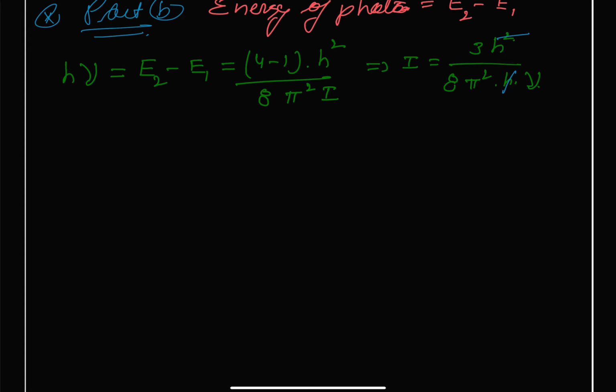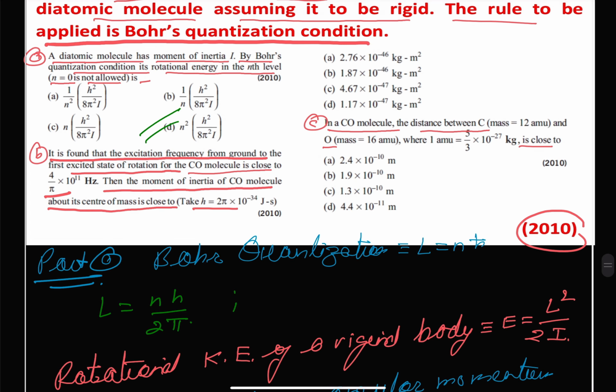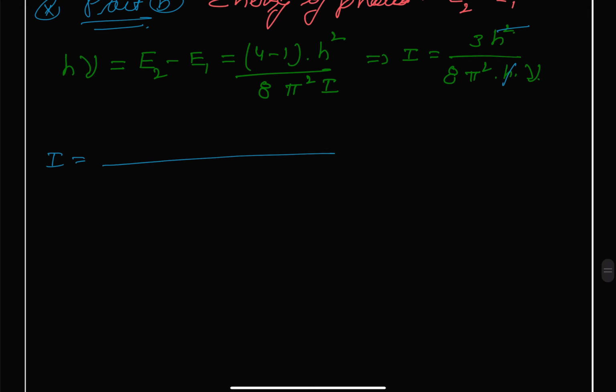We get our value of I is equal to, the value of h is 2 pi into 10 to the power minus 34. So this comes as 3 into 2 pi 10 to the power minus 34. Here it is 8 pi square, and this comes as 4 upon pi into 10 to the power 11.